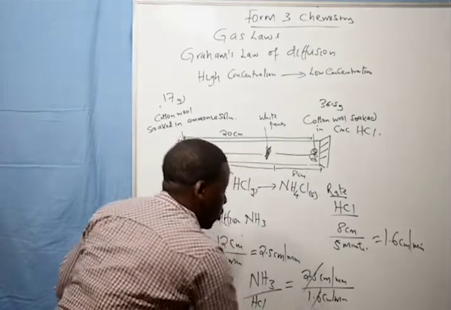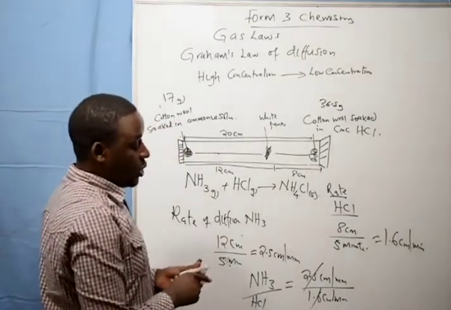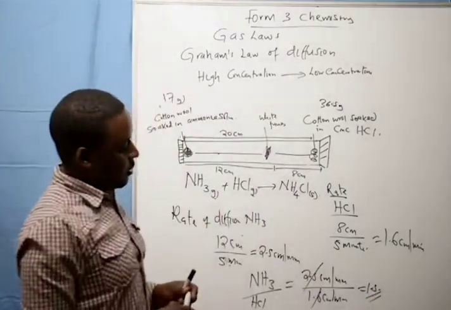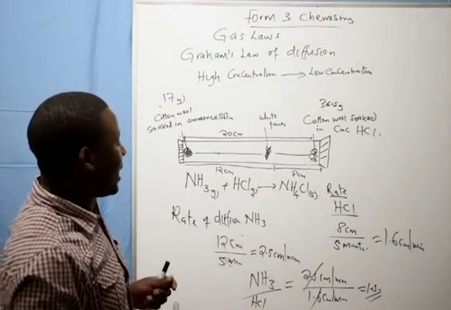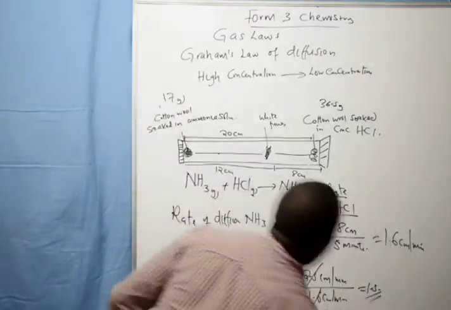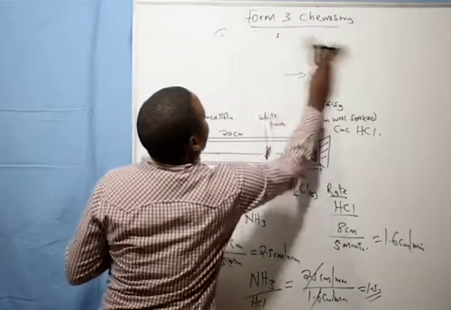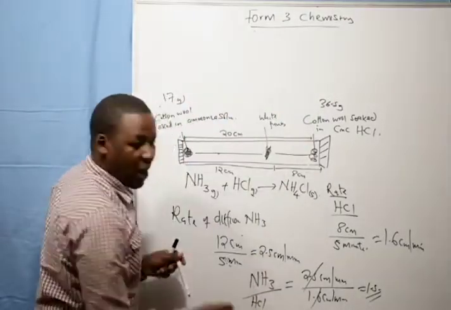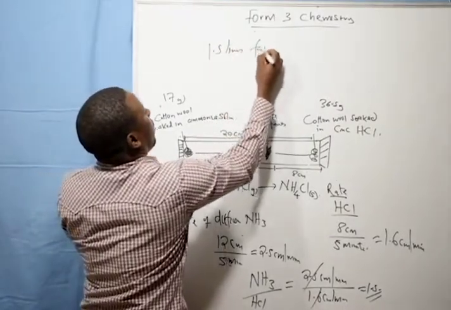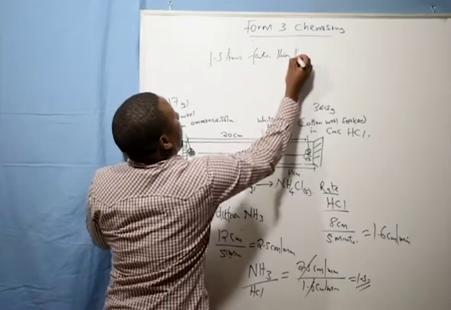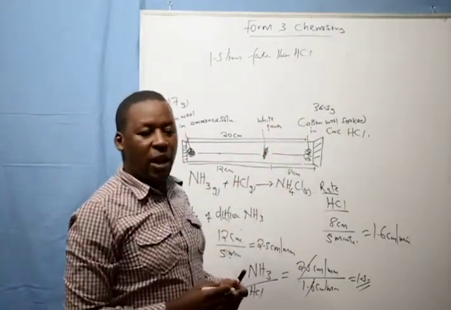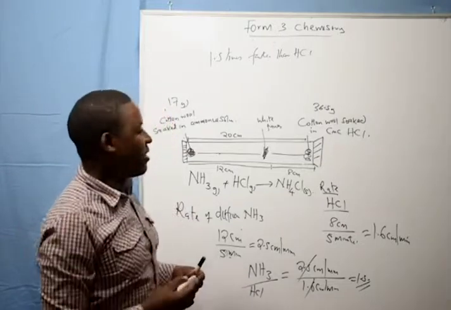If you divide the two, the answer you get is actually 1.5. What does that mean? This means that ammonia gas diffuses 1.5 times faster than HCl.